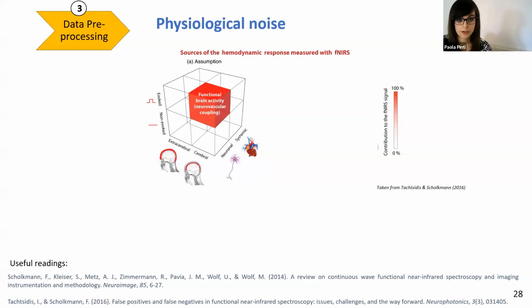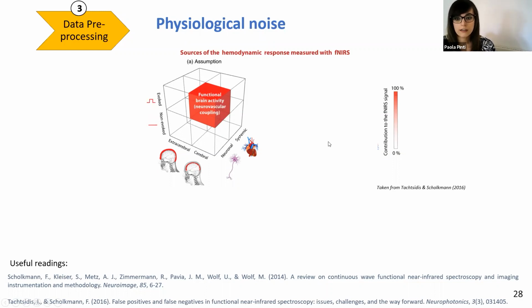In terms of physiological noise, so noise of physiological origin in our fNIRS data, I'm starting from one of my favorite figures from the paper by Tachtsidis and Scholkmann. Here on the left, you see what ideally we want to measure with fNIRS. That is the hemodynamic response that follows neuronal activity that is evoked by our cognitive task.